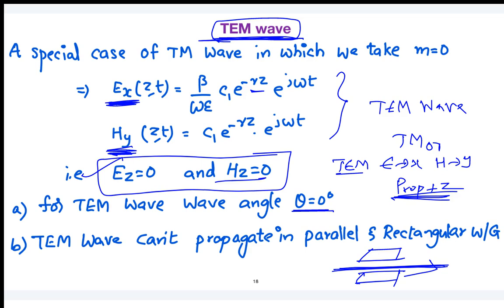What is the wave angle definition? The angle made by the wave with respect to the axis of the waveguide. Because your axis is along the z direction and the wave is also propagating along that direction, your wave angle is 0 degrees. Will you agree with my point or not?